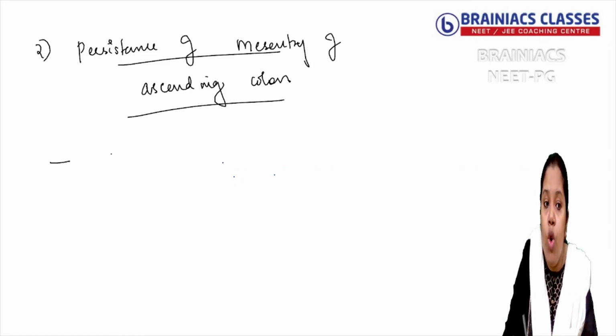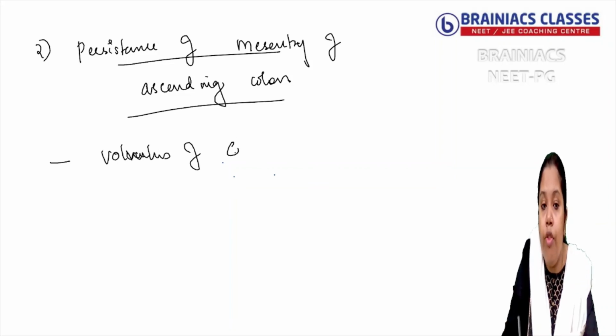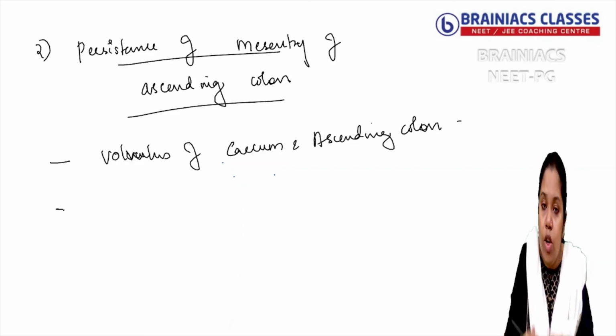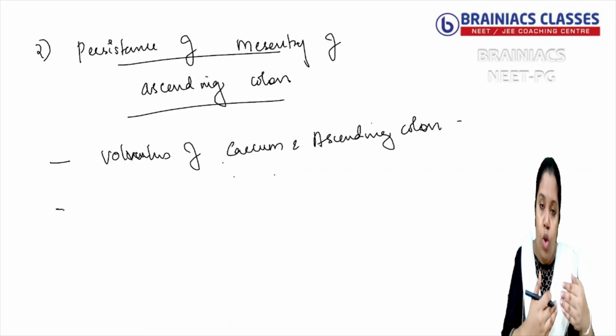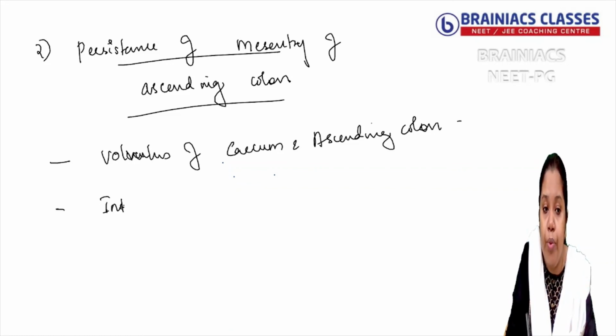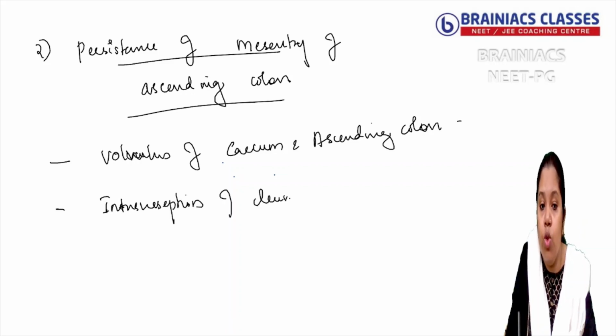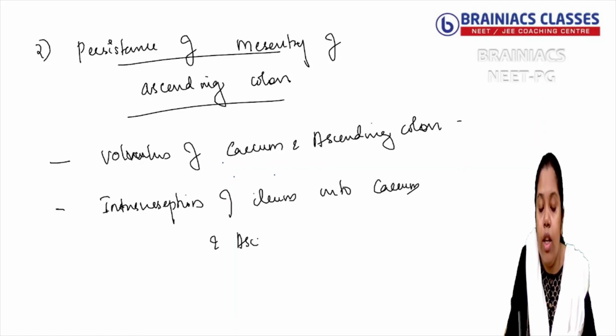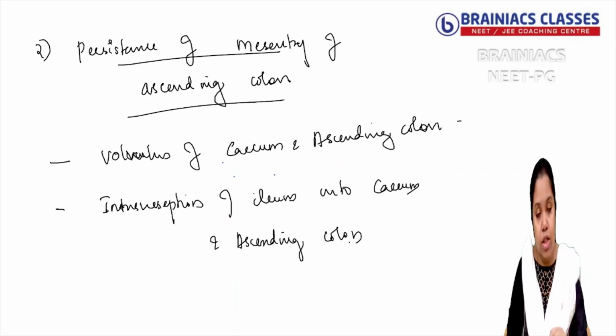So that will lead to volvulus of the cecum and ascending colon, and intussusception of the ileum into the cecum and ascending colon. So these are the anomalies of the third stage.